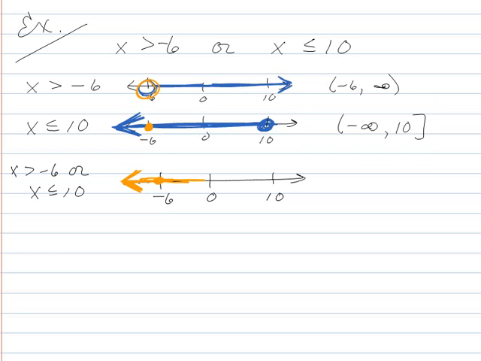And then I keep going. He includes 10, and he includes 10. Then he includes this right arrow, so I have to include the right arrow. And now you look and see what on this number line have I shaded in? And the answer is everything. I've gone from negative infinity all the way to positive infinity. So really, my answer here is all real numbers.